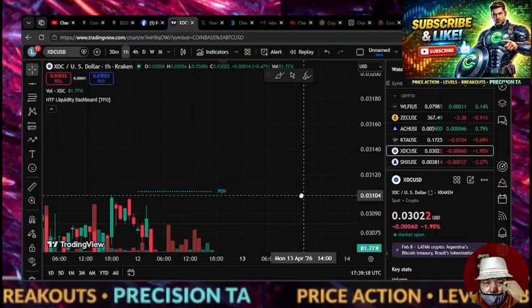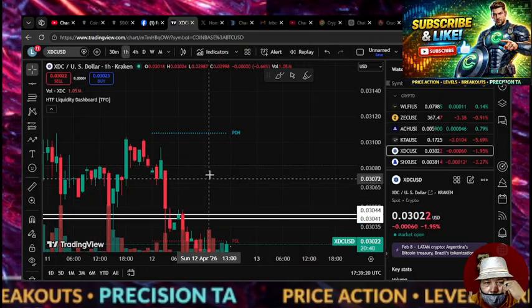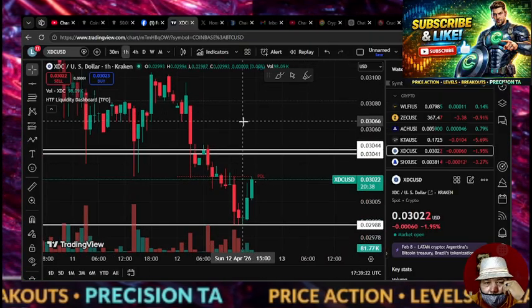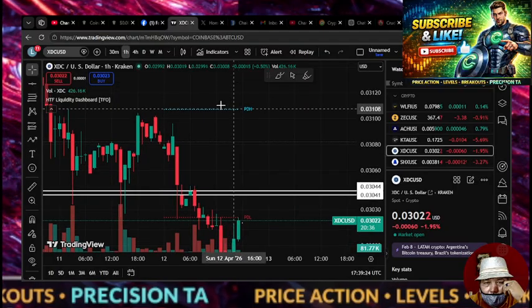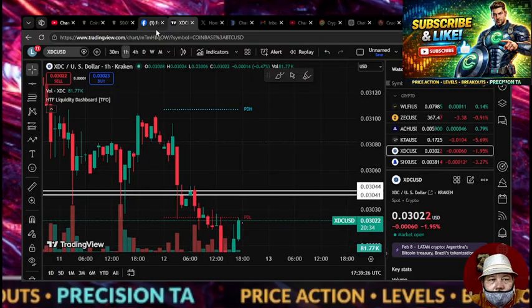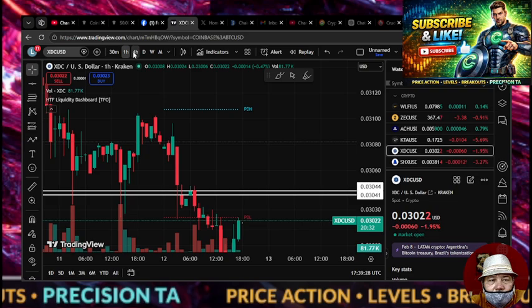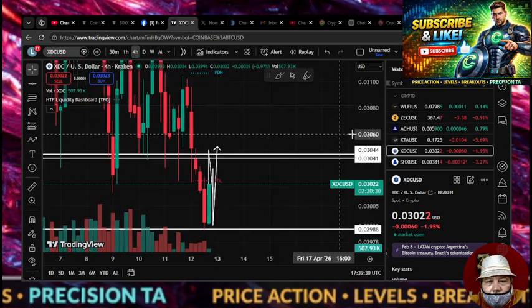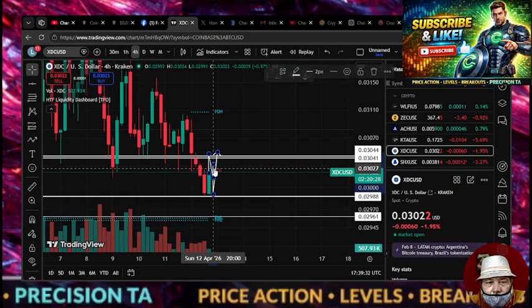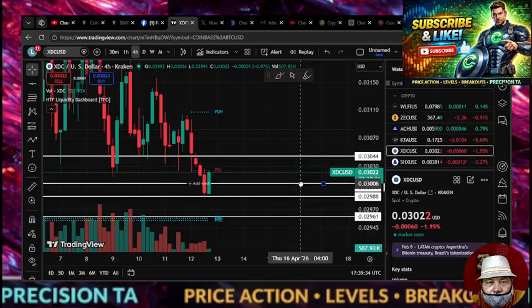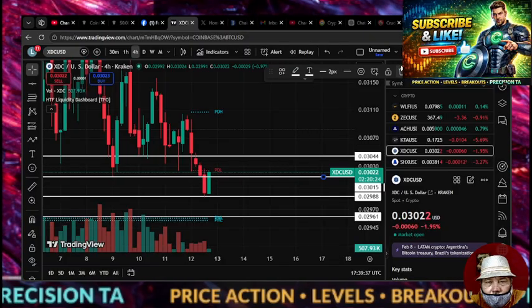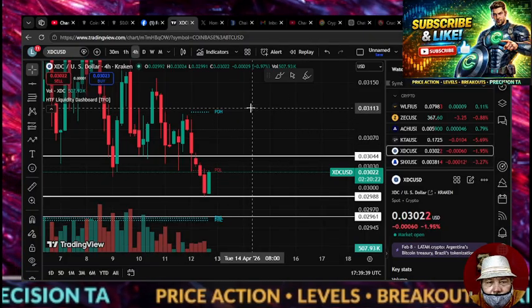This is our previous day high up here. I don't think we're gonna get right there. That's at 03107. Let's look where we are right here and then take this off.